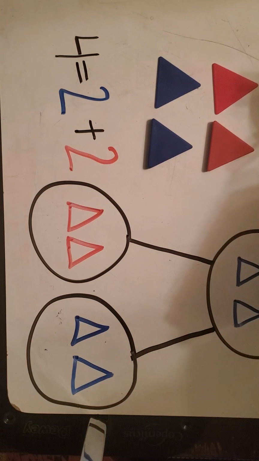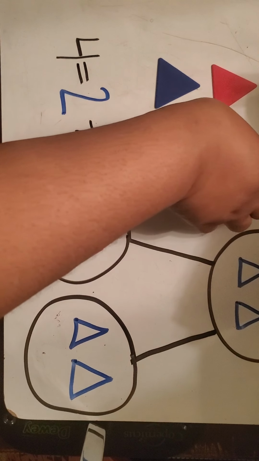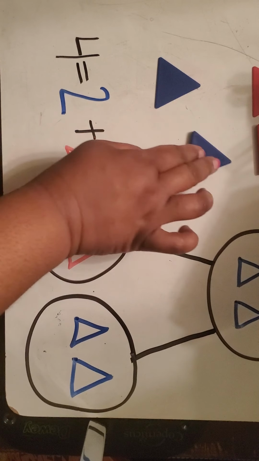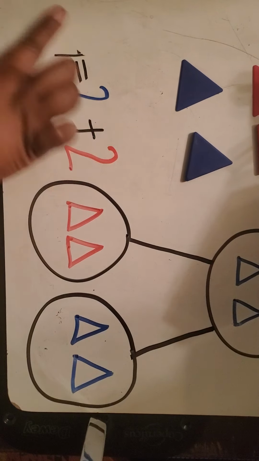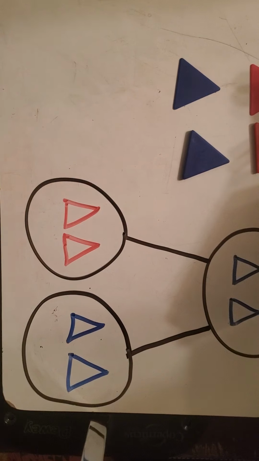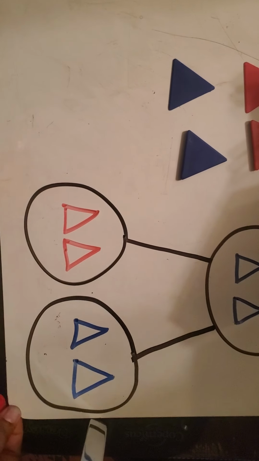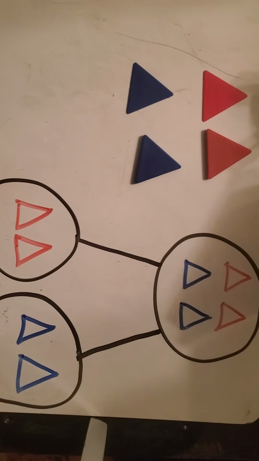And I'm going to make a new number bond, and I'm going to put another shape surprise on the board. All right, so I am going to move my triangles up, okay? And then I've got a new surprise shape. Can you tell me what surprise shape that is?